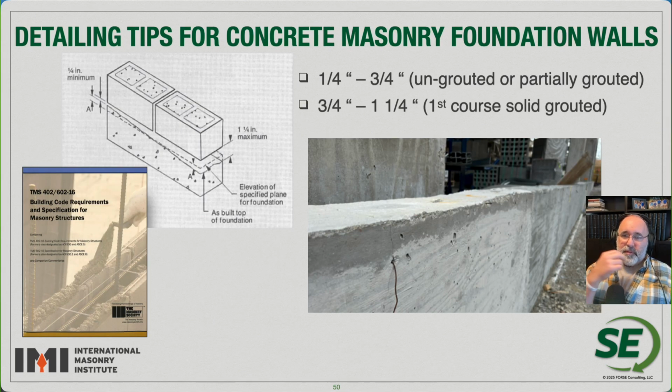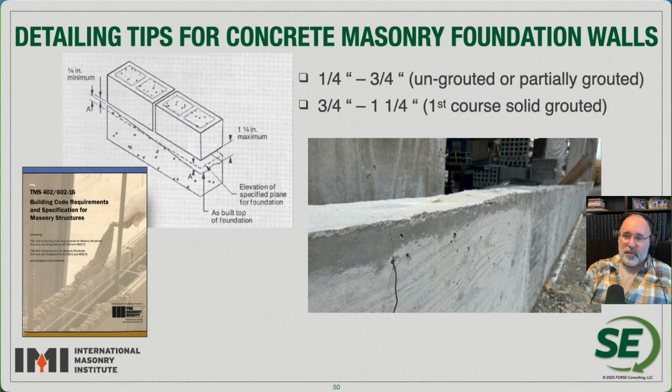Other detailing tips, looking at what the code allows, again, depending on who's pouring the concrete. Concrete is not necessarily a really precise construction method, especially when we're a few feet below grade. So recognize that you can vary the first mortar bed, you can vary the thickness on that mortar bed to make the actual masonry able to be set level.